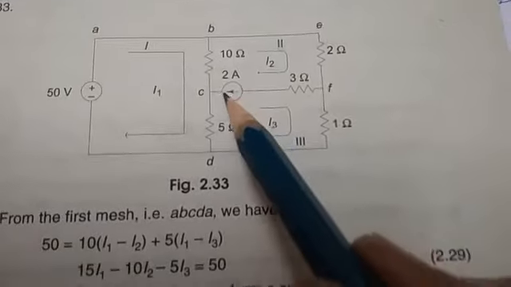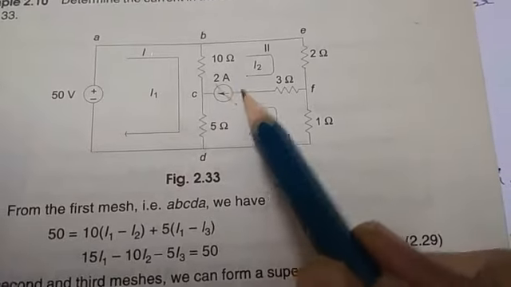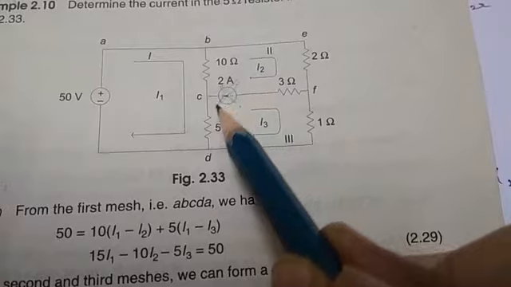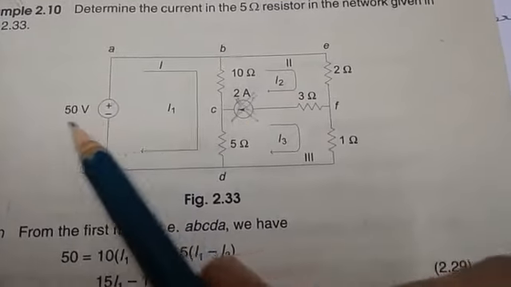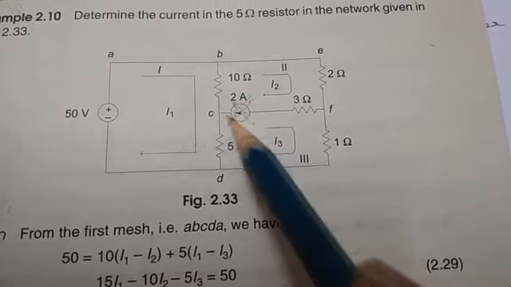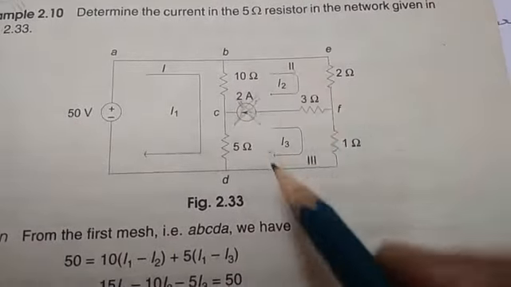in the first case, just eliminate this mesh and write your loop equations. For this loop there is no problem with this current source, so directly I can write.